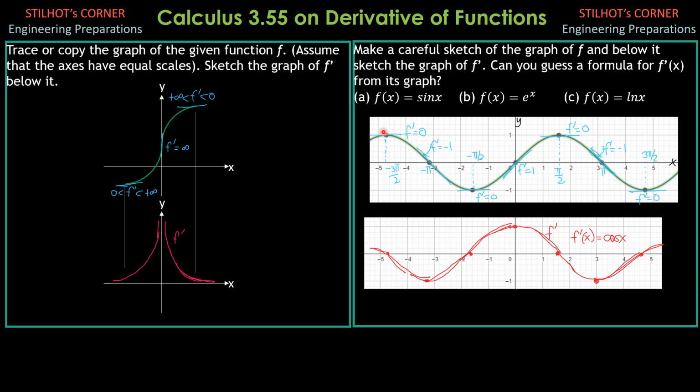x-axis, because the slope of the tangents in the original graph are interpreted as y coordinates in the graph of f prime. Except here it is 0 at negative 3 pi over 2, so it crosses 0 here.